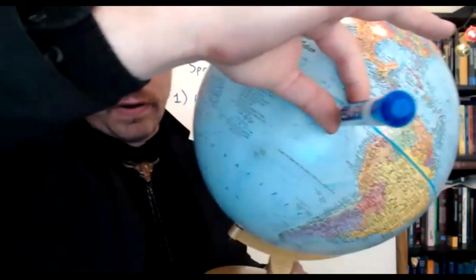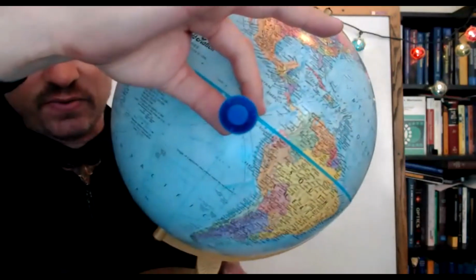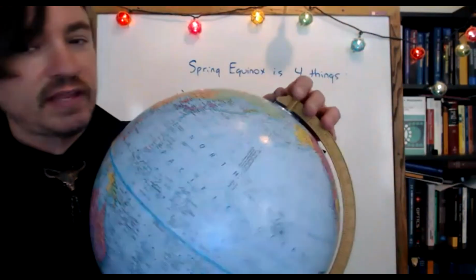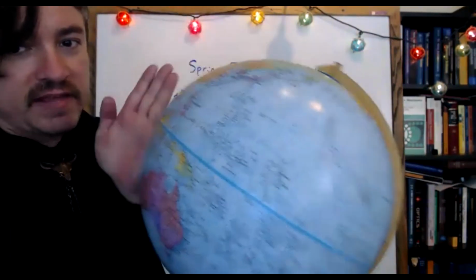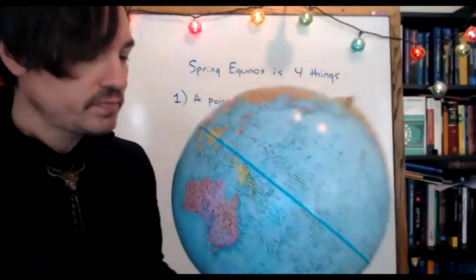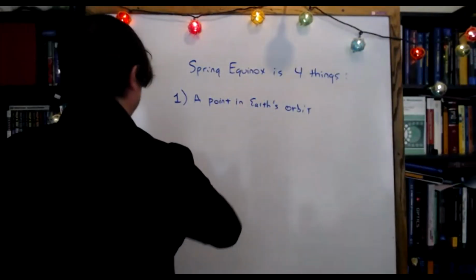A moment before, a moment after, the equator does not point as perfectly towards the sun as it does right here at the spring equinox. So that's the spring equinox, the exact moment. You'll notice that the axis tilt of Earth makes a 90-degree angle with respect to the sun. So we started off by defining the spring equinox as a point in Earth's orbit. It's also a day of the year.